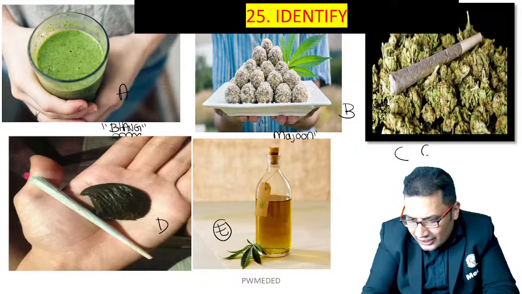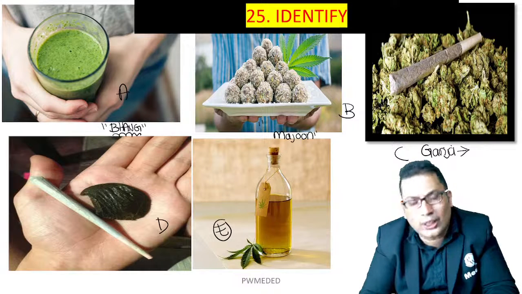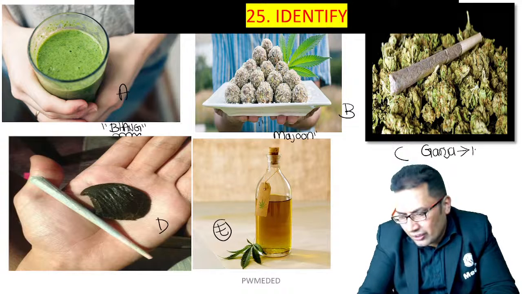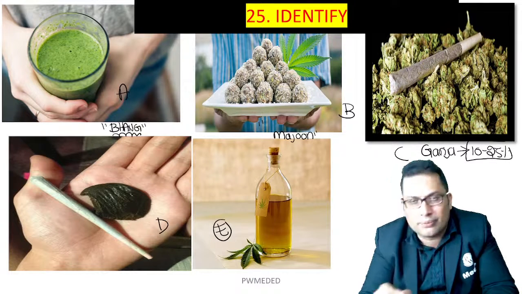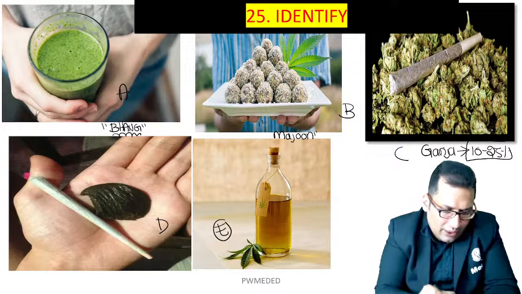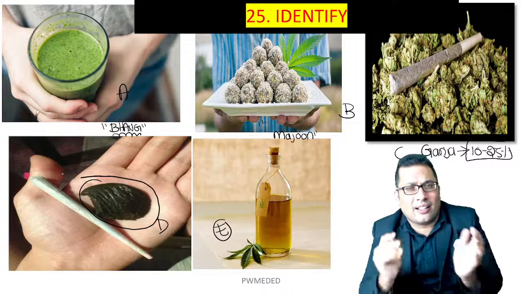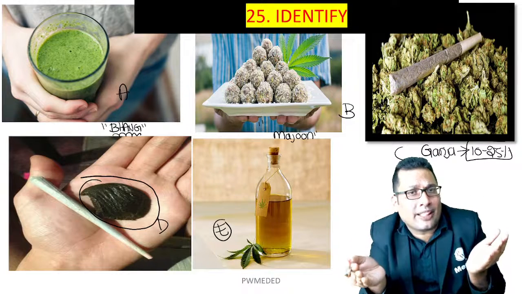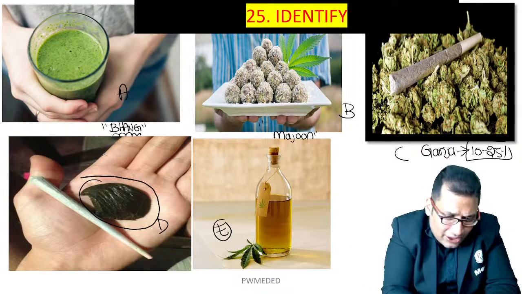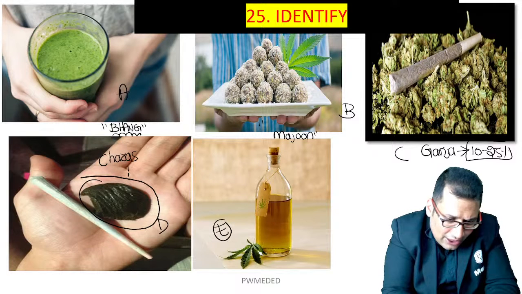The third one, C, is known as ganja, used for smoking purposes, consisting of around 10 to 25% of active principle. And D, what you can see here, is the resinous exudate or resinous extract prepared from cannabis, which is nothing but your charas, also known as hashish.